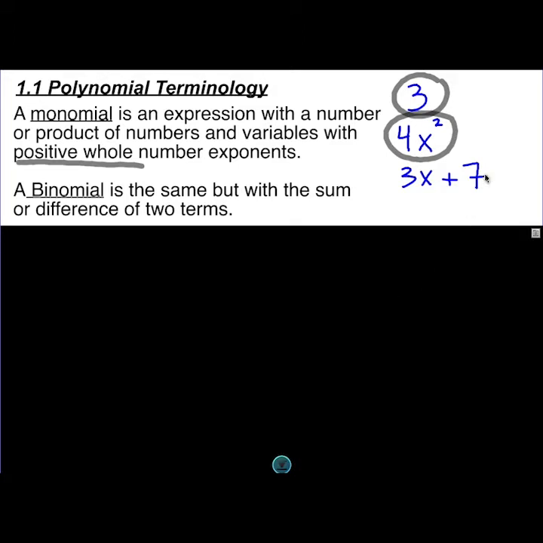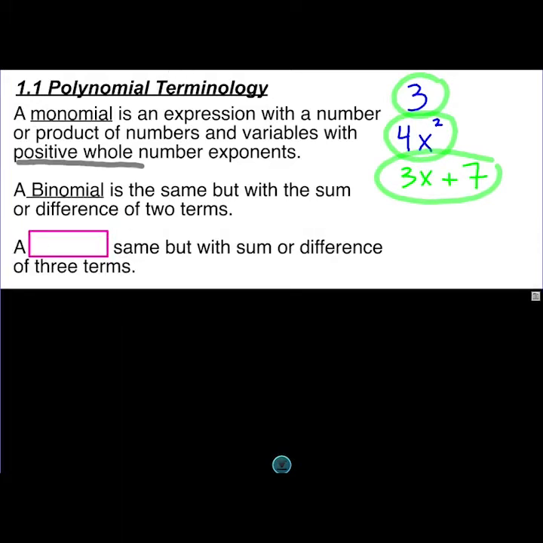A binomial, now this is an example of a binomial here. So let's grab a highlighter. This is an example of a binomial, two terms. Then we have some more language. We have something called a trinomial. I'll give you an example of that.